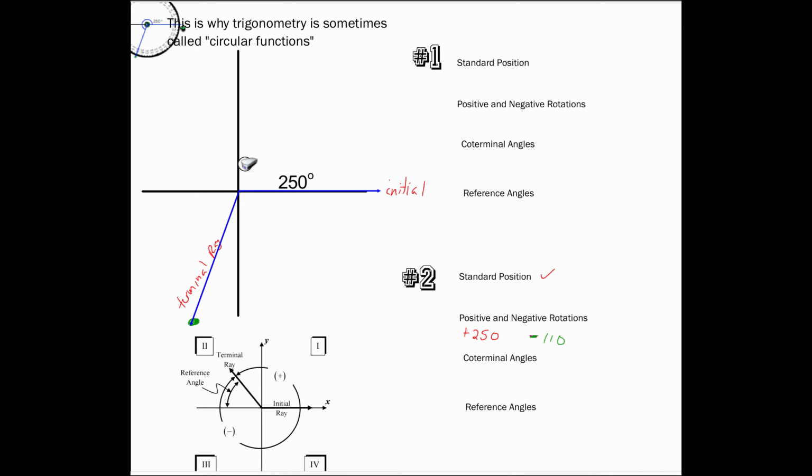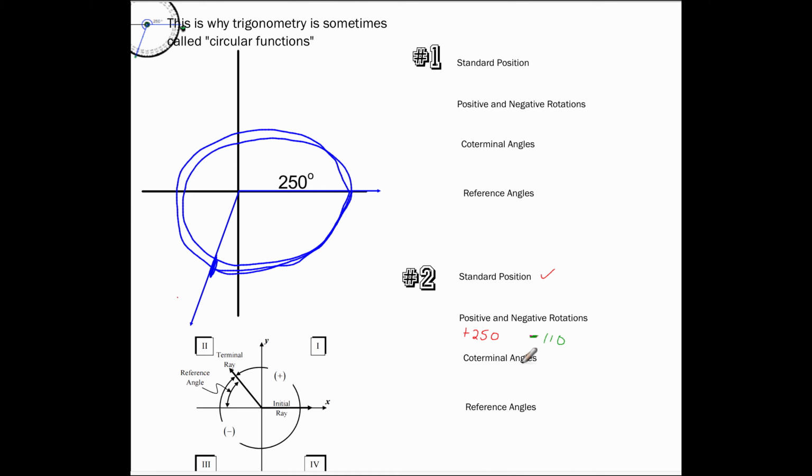I can also go, oops, I didn't realize it would erase that line. Learn something new every day. It also can be obtained by going in the opposite direction. I can go backwards 360 degrees, and backwards another 360 degrees, which makes that 720, and then I can decide to stop there.